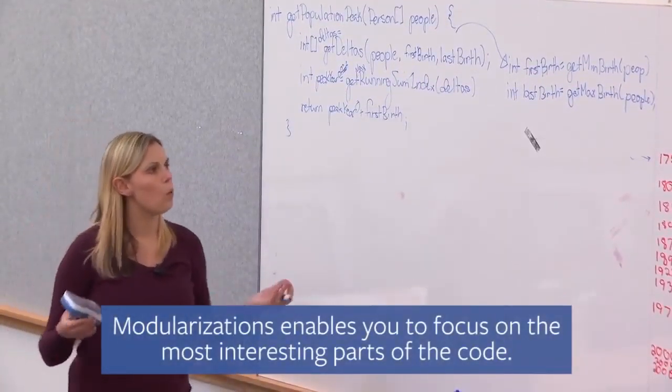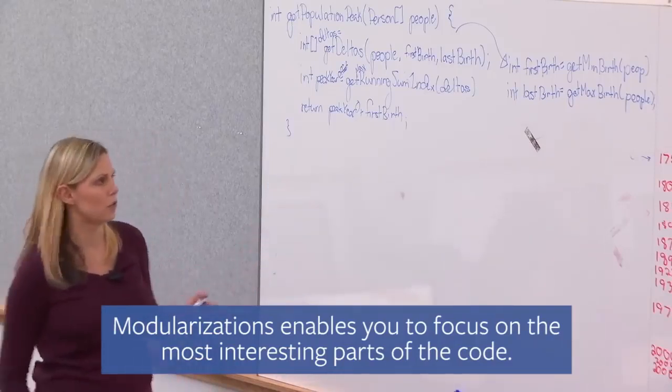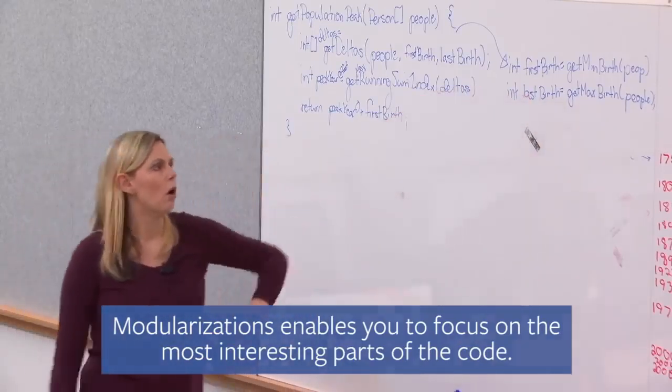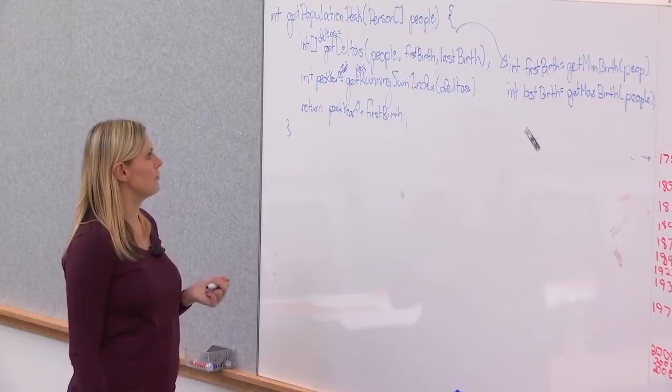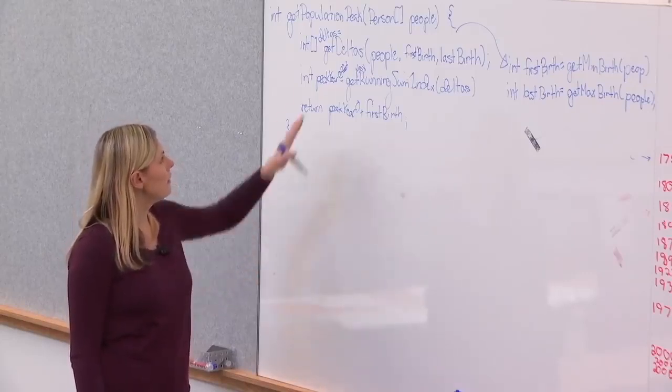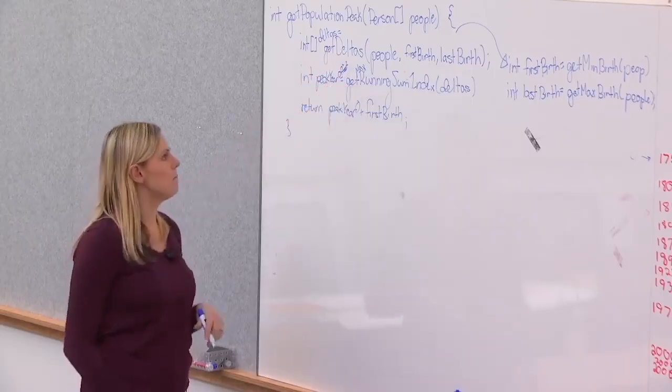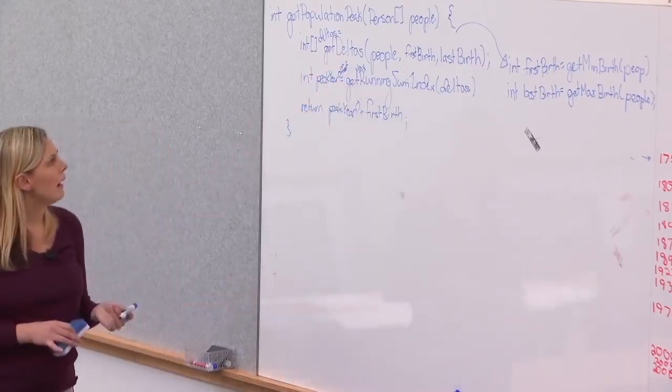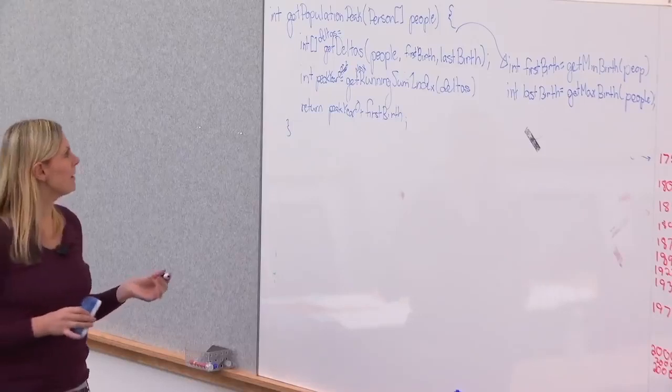Now I don't just go for the first function that gets called. What's the next most interesting thing to write? Well, it's either the deltas or the running sum. Kind of a toss-up. I'm going to write get deltas.